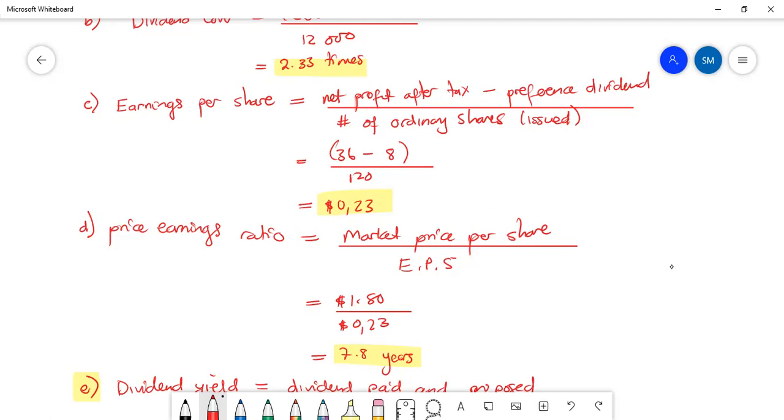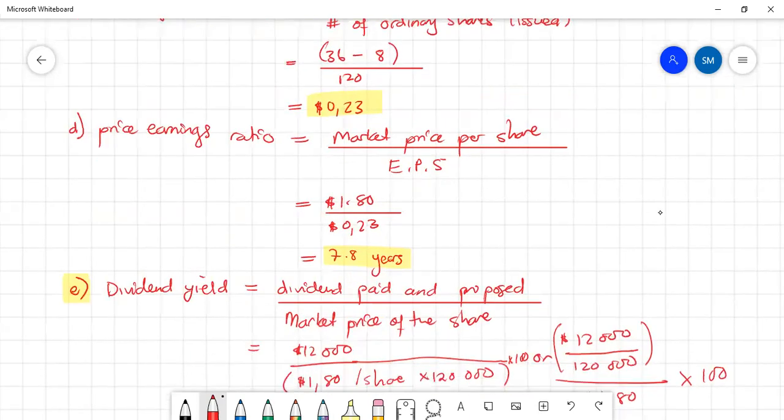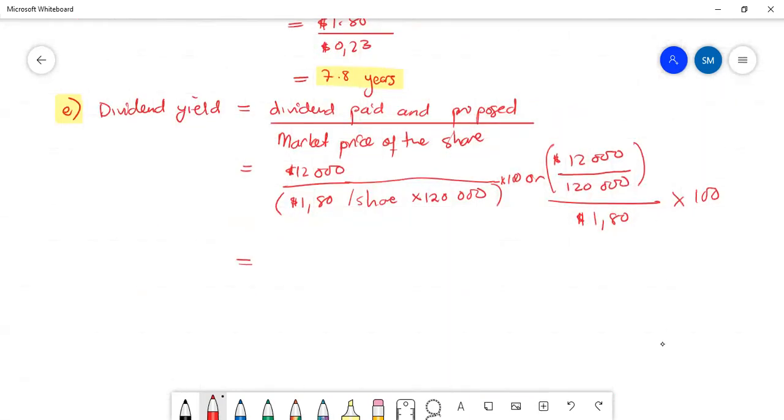You either want to find the dividend paid and proposed per share, so you divide by the number of issued ordinary shares, and then that is what you divide by the market price of the share. Or you can say 12,000 divided by $1.80 times 120,000. So that's the market price of the share times all the shares that were issued by the company. Both methods should give you the same answer.